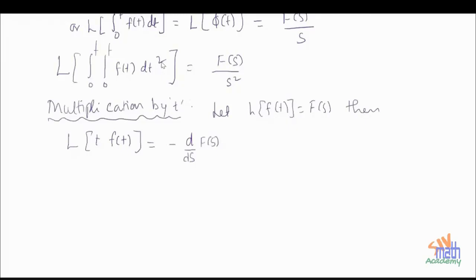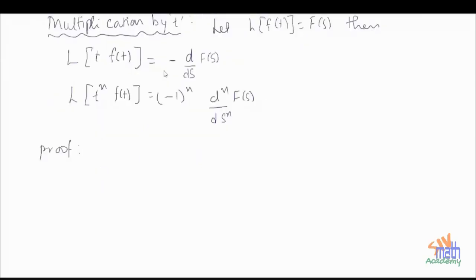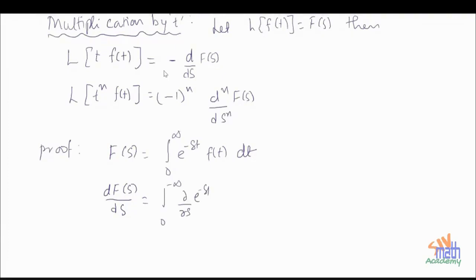But here one minus sign you have to introduce, that you should remember. In the case of n times multiplication, you will get minus 1 whole power n, the nth derivative. So differentiate throughout by ds. Since you can take it inside the integral, there are two variables involved, t and s, so it becomes a partial differentiation. So when you partially differentiate this e power minus st, what do you get?